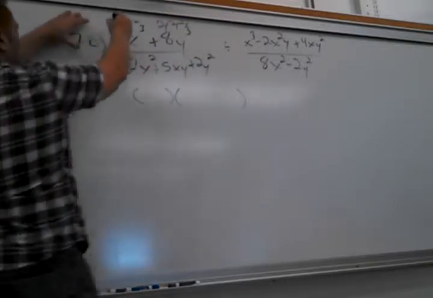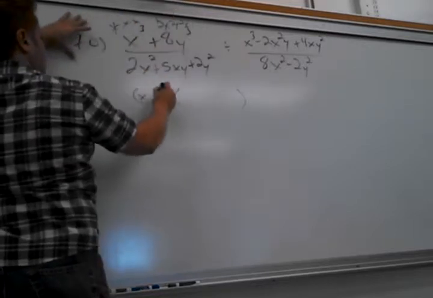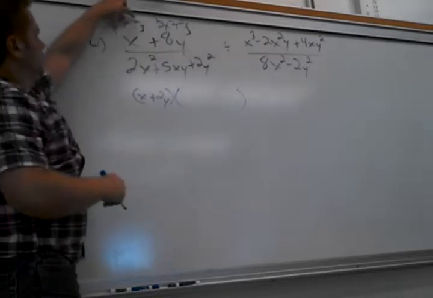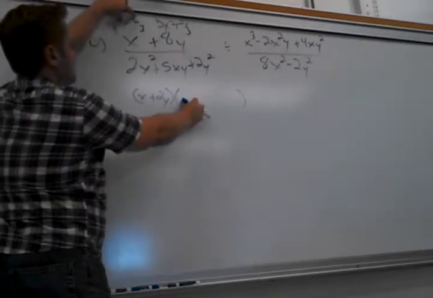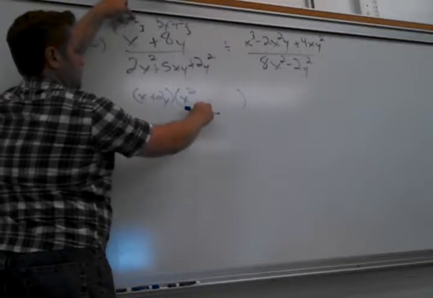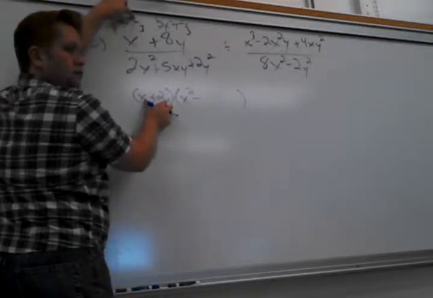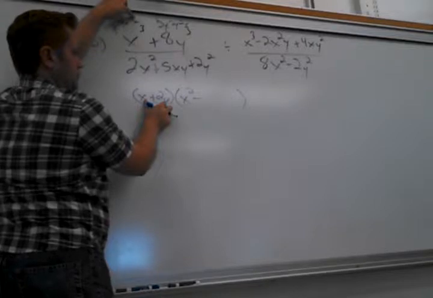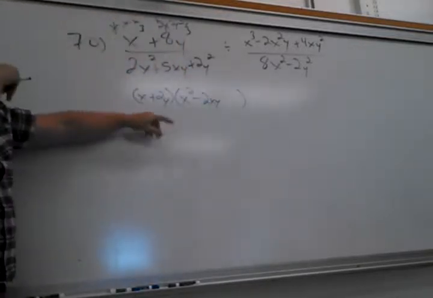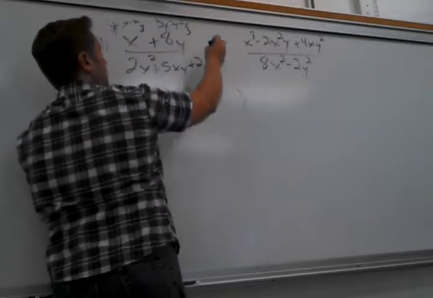So then the little dude gets X, and what goes in the middle of those? Plus, the same sign, I love it. The big dude gets, careful, X squared. Minus, oh, it's 4, X, 2y, or 2xy, however you want to put it. And then the last dude's going to be the rest.